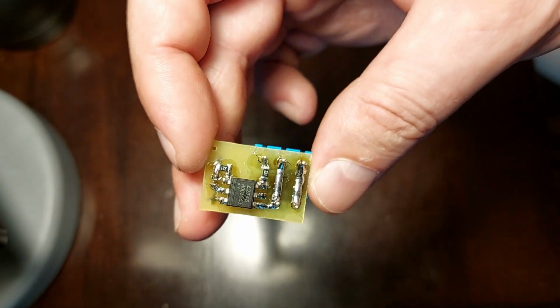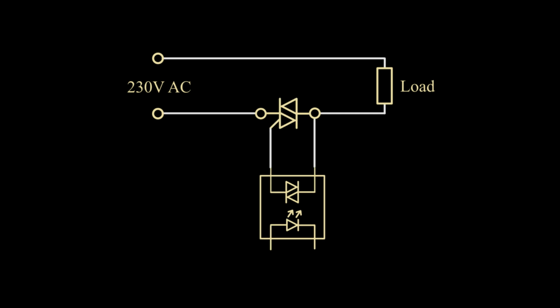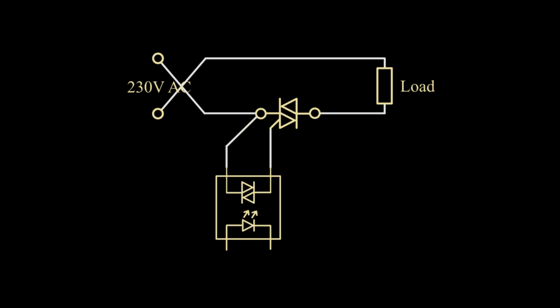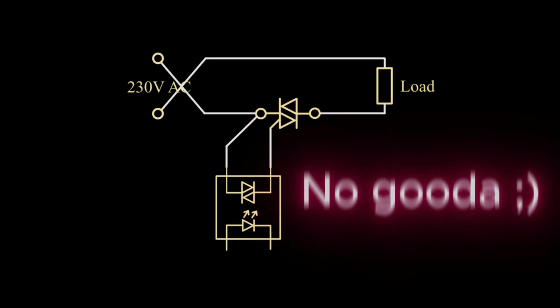A quick tip for those of you who never play with triacs. Generally, with AC current, it pretty much doesn't matter if you connect it like this, or the opposite way, or change these wires, but if you switch the terminal, it simply won't work. So still you need to pay attention to the wiring.